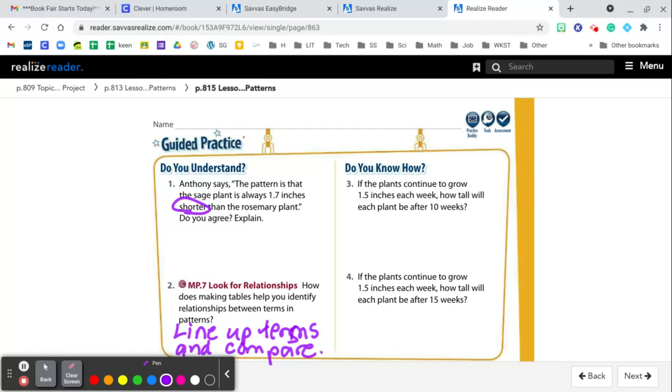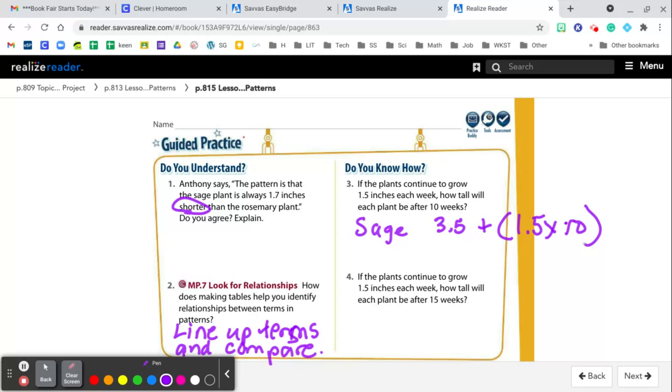So after 10 weeks, the sage plant started out as 3.5, and we're adding 1.5 times 10.